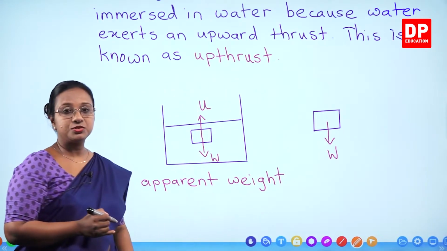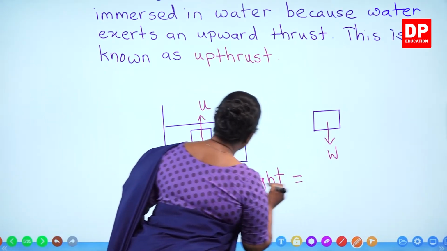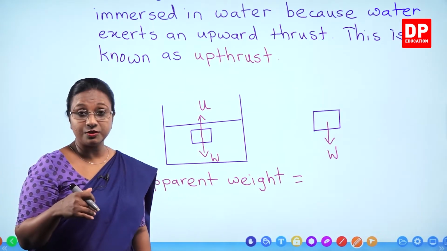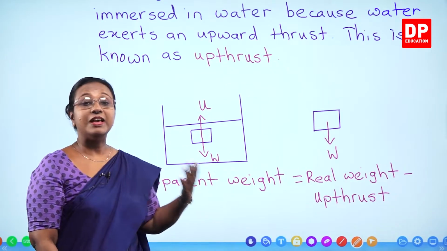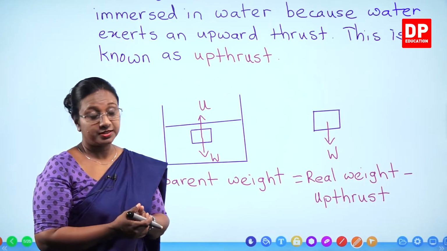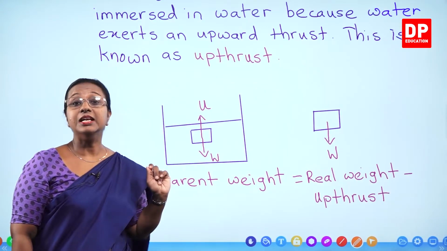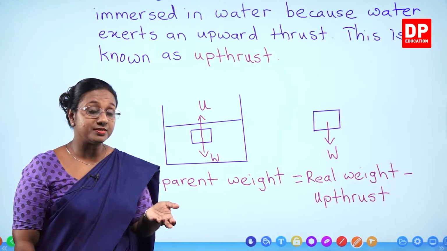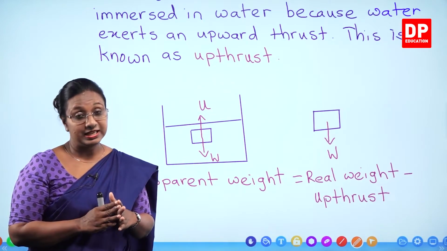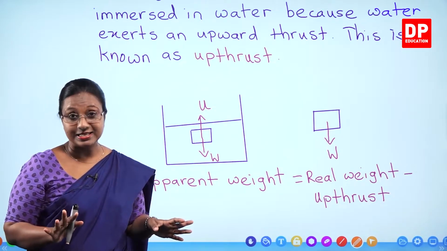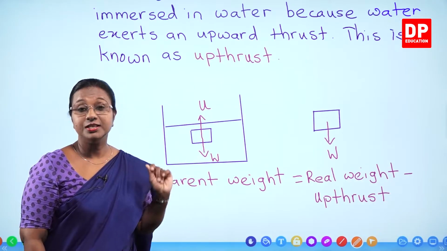And you all have to remember, students, the apparent weight will be equal to, from the resultant of forces, the real weight minus upthrust. Or you can say the weight in air, or the real weight of the object. So this is going to be in newtons, because these are all forces. Upward thrust is also a force. So upthrust will have the unit of force. Is that clear to you all? I am sure you all can understand that. So with that, I will move on to the next slide.